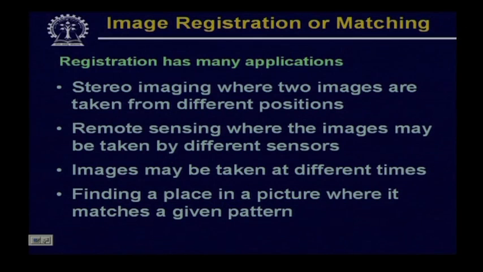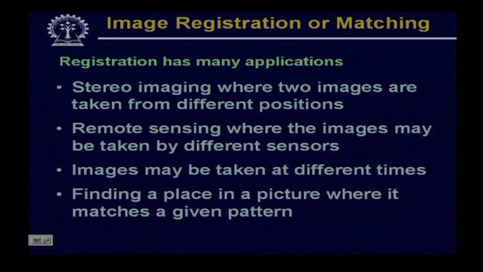There are other applications like finding a place in a picture where it matches a given pattern. So, here we have a small image which is known as a pattern or a template, and we want to find out in another image, which is usually of bigger size, where this template matches the best. Now, this has various applications like automated navigation, where we want to find out the location of a particular object with respect to a map.